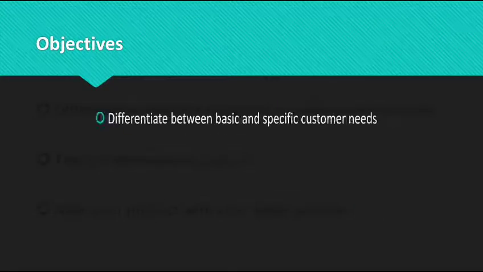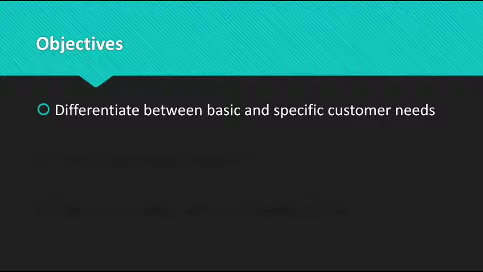So, the first thing that we're going to talk about is your objectives. The reason why we're doing this tutorial is to help you differentiate between the basic and specific customer needs. You need to understand those because the basic needs and the specific customer needs will give your business an advantage over your competition.